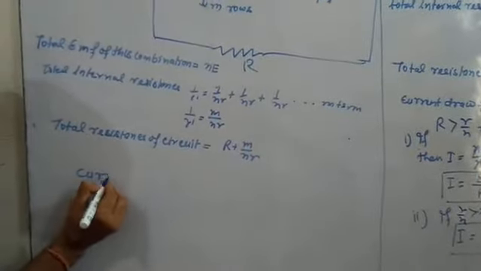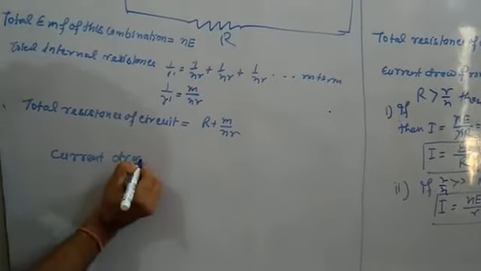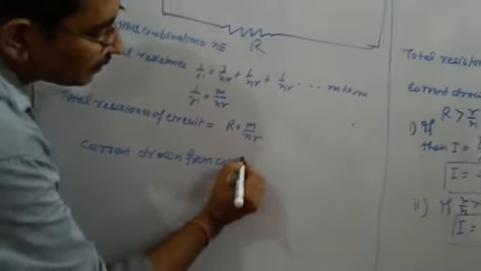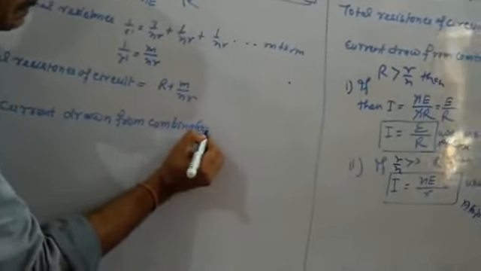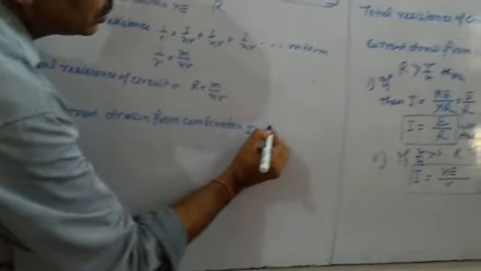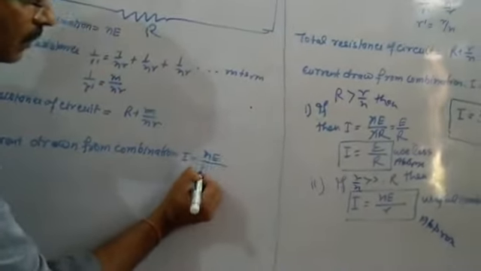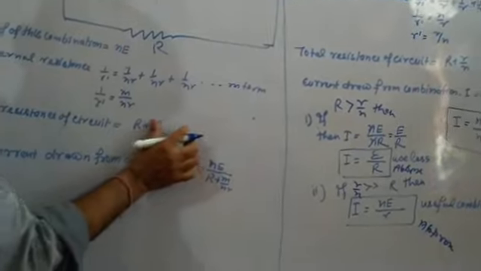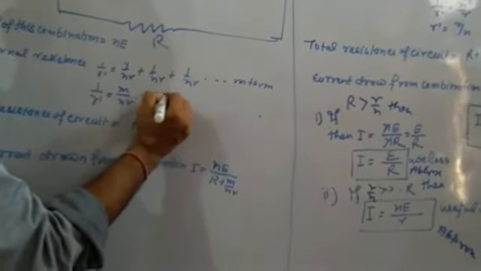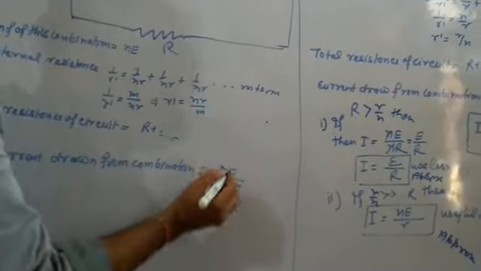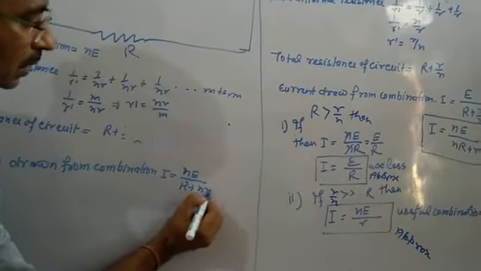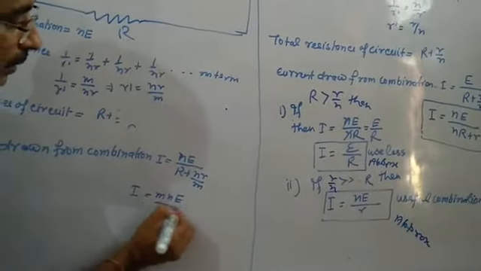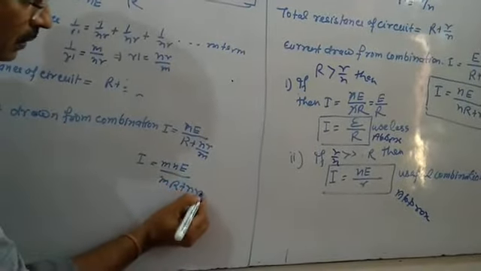Current drawn from the combination I equals nE upon R plus nr by m, so I equals mnE upon mR plus nr.